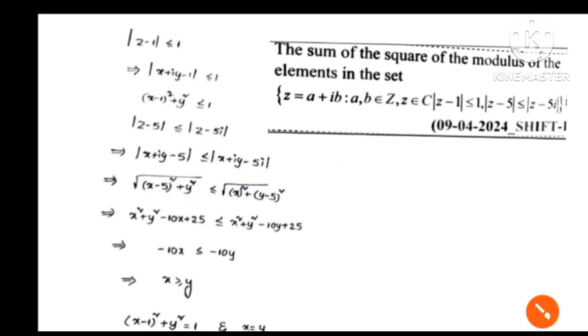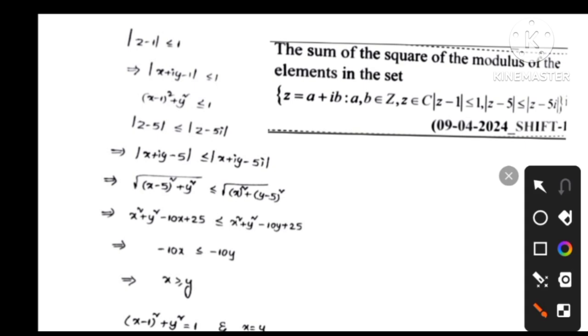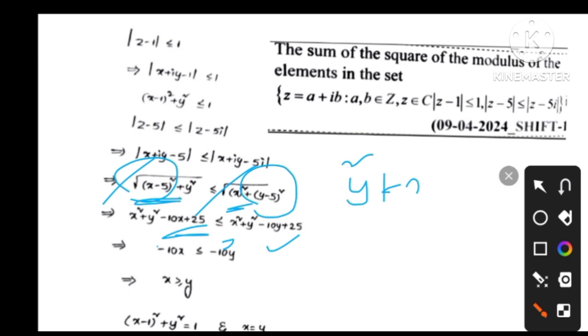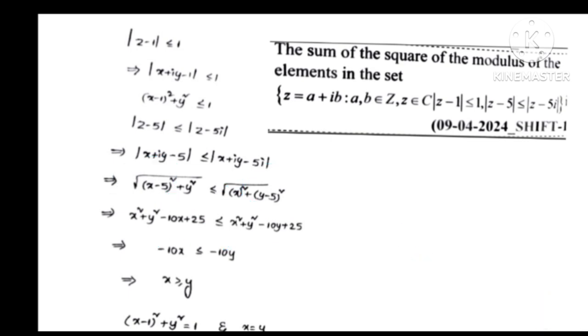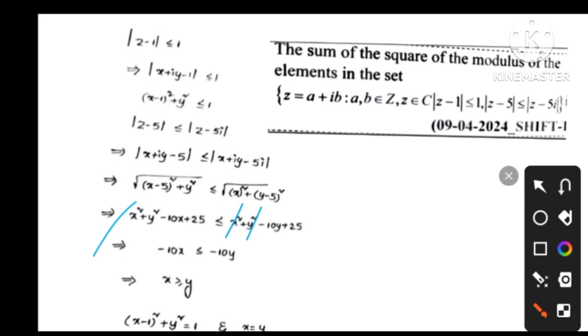Understand all of you? Now here squaring on both sides, then these square roots are cancelled. Now take the expansions: x square plus 25 minus 10x plus y square is less than or equal to x square plus y minus 5 whole square, that is y square plus 25 minus 10y. Okay, now cut the common terms, that is x square, y square, 25 gets cancelled.